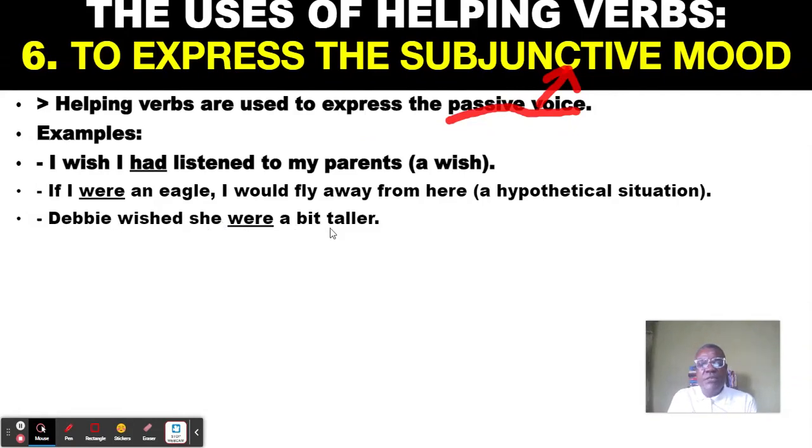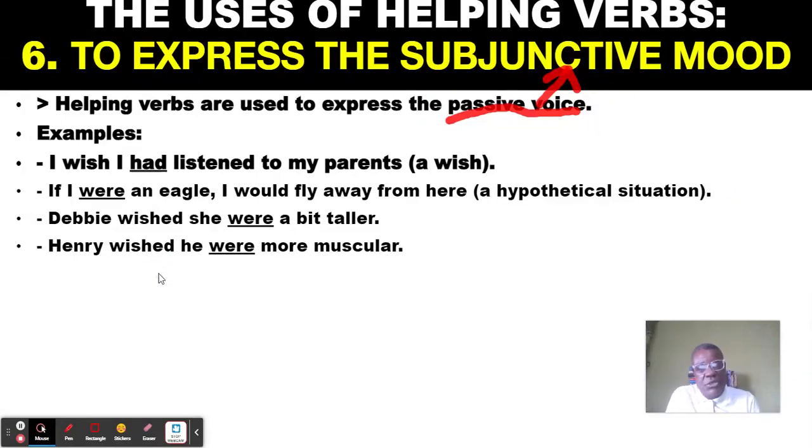Debbie wished she were a bit taller. Again, you see, it's just a wish, which also belongs to the imaginary realm, the hypothetical realm. Henry wished he were more muscular. All these are wishes and imaginary situations.